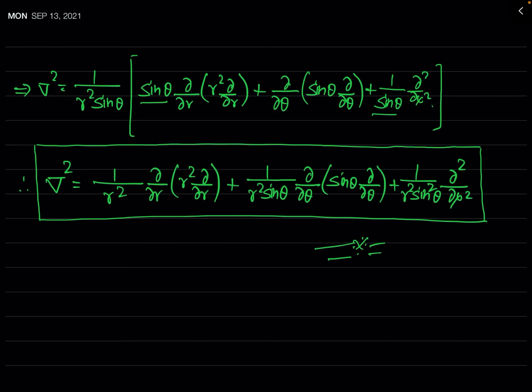And so when you multiply 1 over r square sine theta to the terms inside the square bracket, in the first term sine theta will cancel out, so this will be 1 over r square del r of r square del r, and in the second term this will be 1 over r square sine theta del theta of sine theta del theta, and in the last term sine theta times sine theta will become sine square theta, so this will be 1 over r square sine square theta del 2 by del phi square.